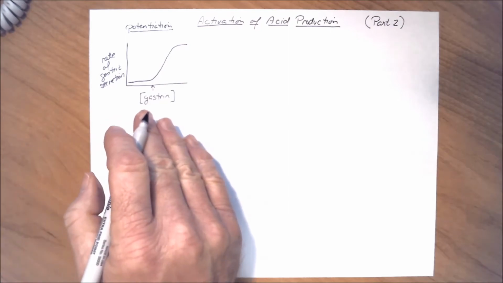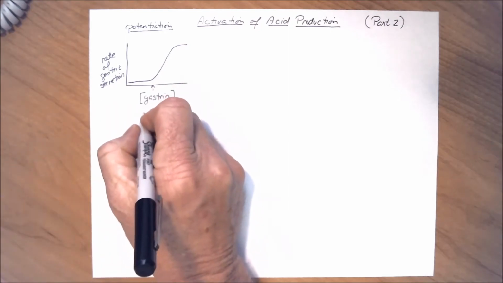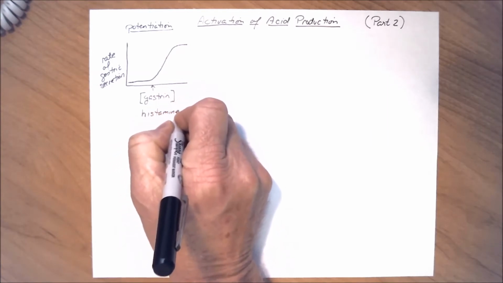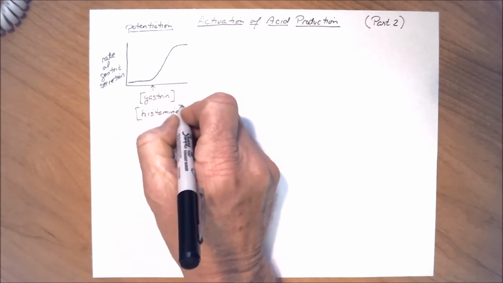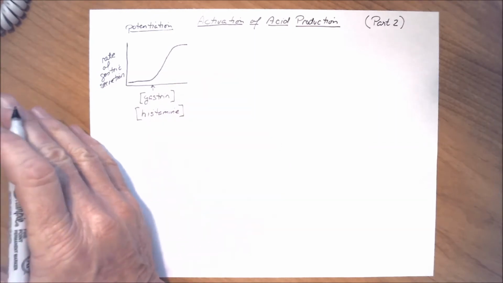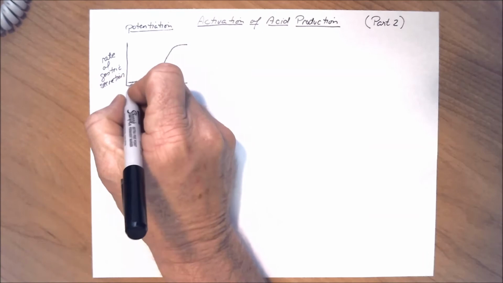Now, if we didn't use gastrin and instead used the effector histamine, we would see the same type of effect on the rate of gastric secretion.